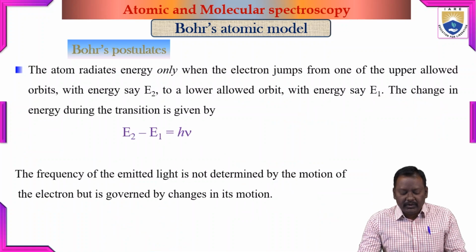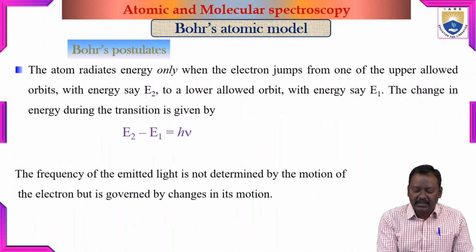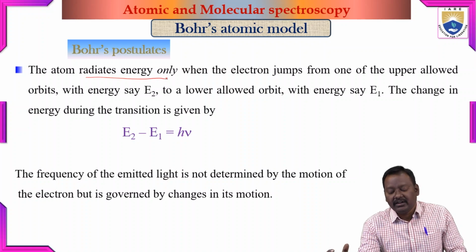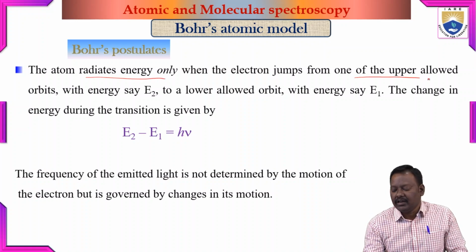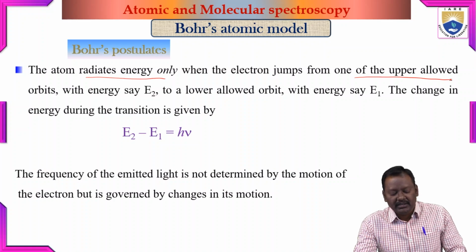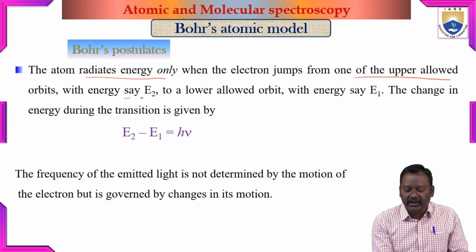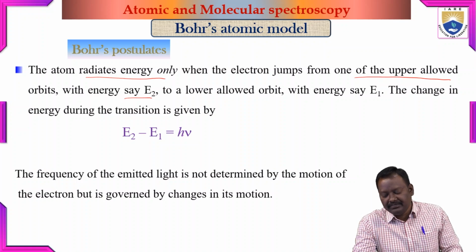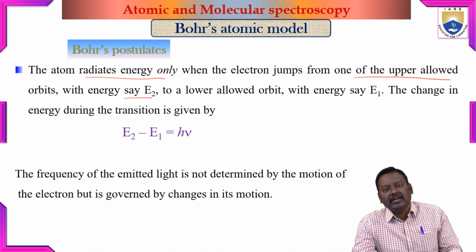And the third postulate states that the atom radiates energy only when the electron jumps from an upper allowed orbit, let us say E2, to a lower allowed orbit, let us say E1. So there could be a chance of emission of radiation only when the electron jumps from a higher orbit to a lower orbit.